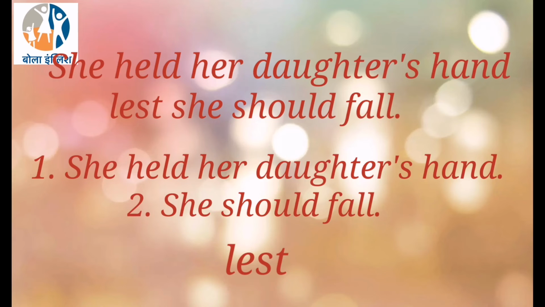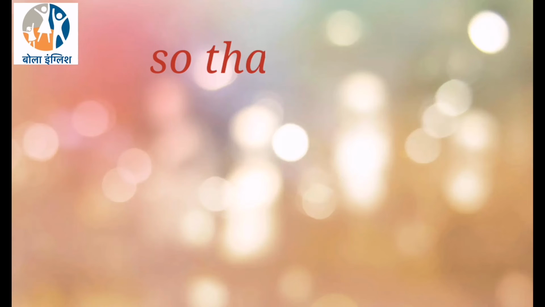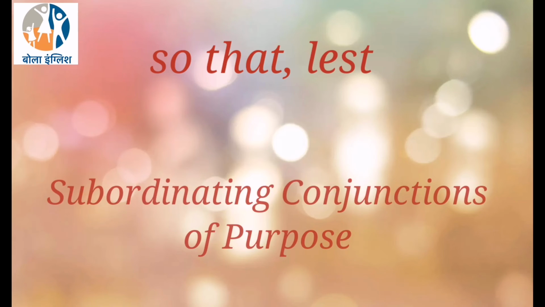She held her daughter's hand, and the purpose was she should not fall. In these sentences, the words so that and lest show the relation of purpose. They are called subordinating conjunctions of purpose.